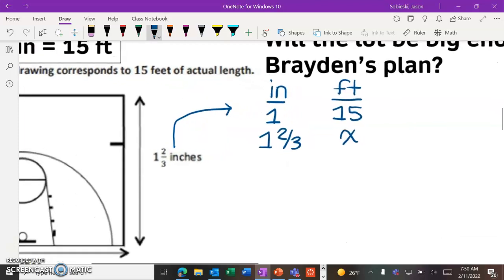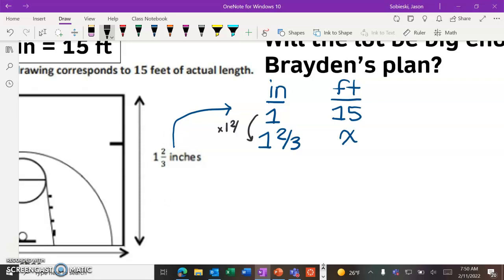So you might remember back from Unit 1, it was a long time ago, but we just have to use multiplication. So how do you get from 1 to 1 2/3? Well, you multiply by 1 2/3. So if you do that to the left for inches, you have to do the same thing on the right for feet. So times 1 2/3.